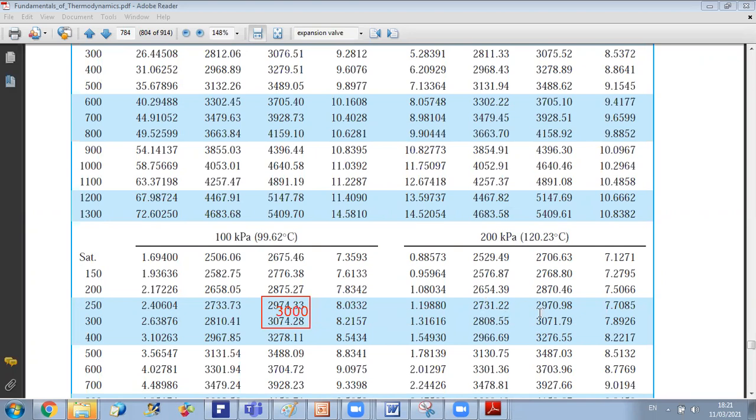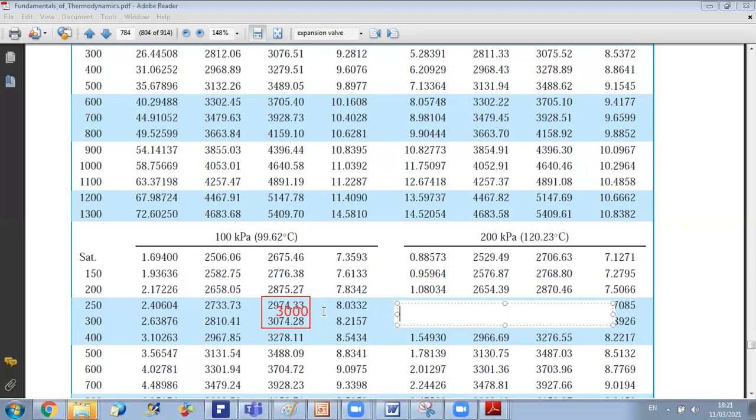How do we do interpolation here? For this value of H, I want to find the corresponding saturated temperature. What is the saturated temperature at 100 kilopascal, and what is it at 200 kilopascal, and I can take a middle value in between.